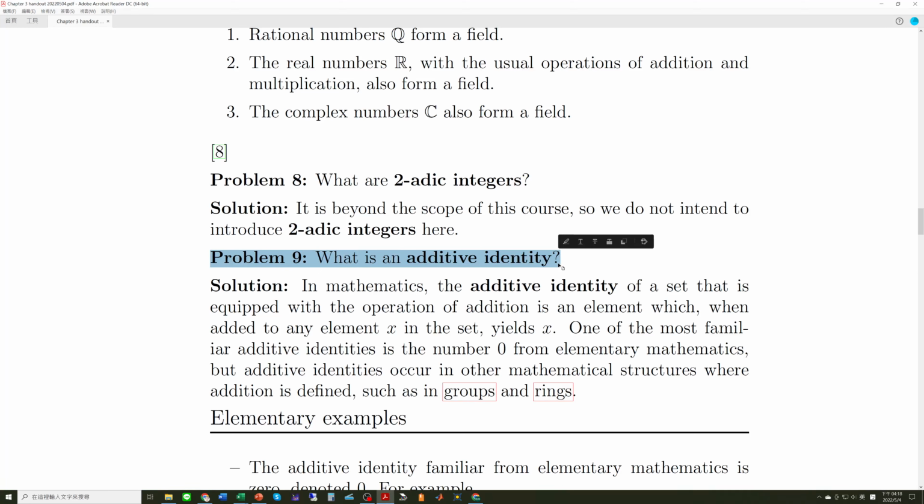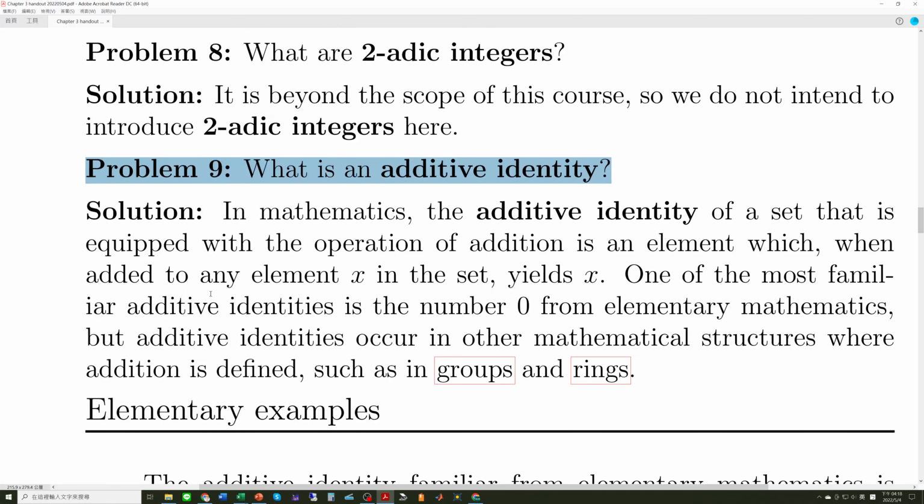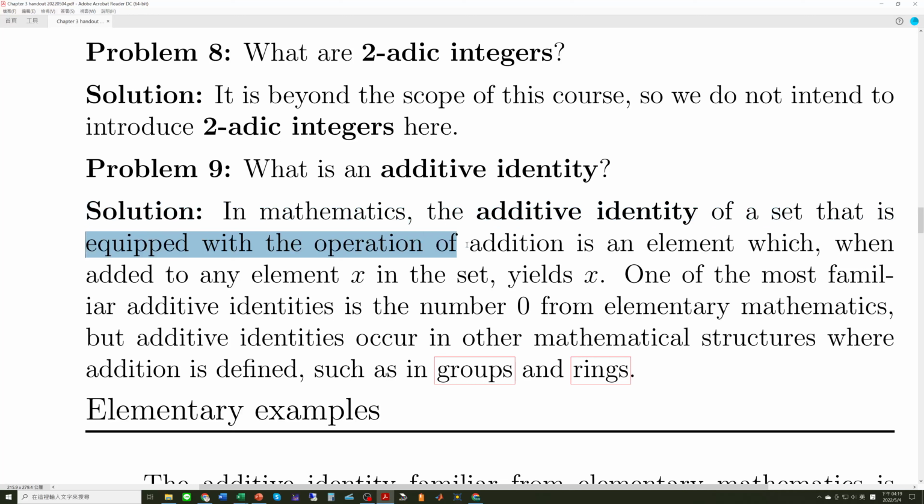Okay, I think I need to zoom out it. Okay, solution. In mathematics, the additive identity of a set that is equipped with the operation of addition is an element which, when added to any element x in the set, yields x.